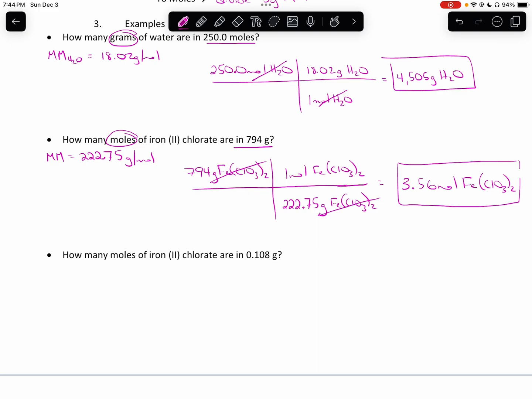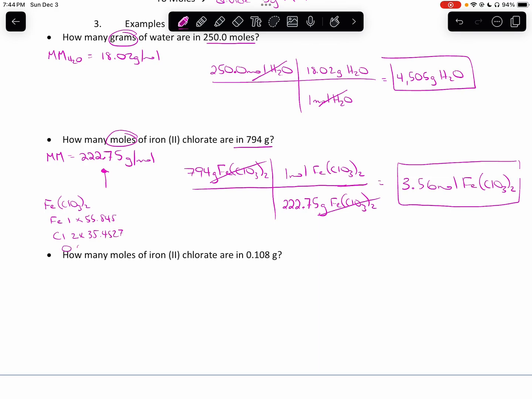All right. Remember this 222.75. If you look back in your notes a couple of days, go back to molar mass. We found that because we took just kind of a quick aside. Remember here's our formula, Fe(ClO3)2. We had Fe, we had 1 times 55.845. Cl, we had 2 of those times 35.4527.